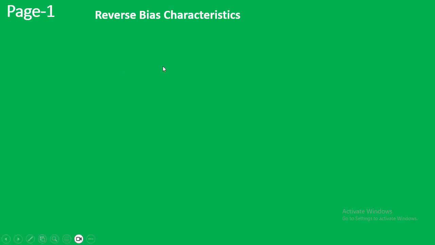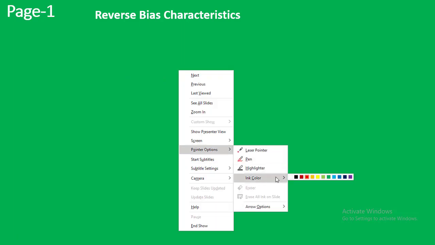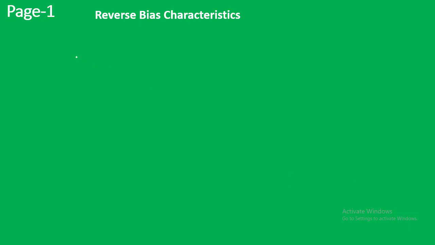So here, Zener Diode basically works in the reverse bias condition. Now to understand that, let us first have a look at the reverse bias characteristics of a diode.